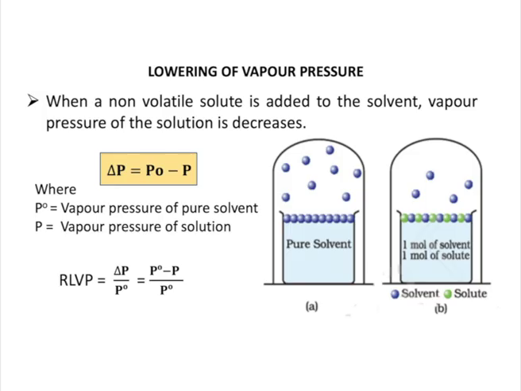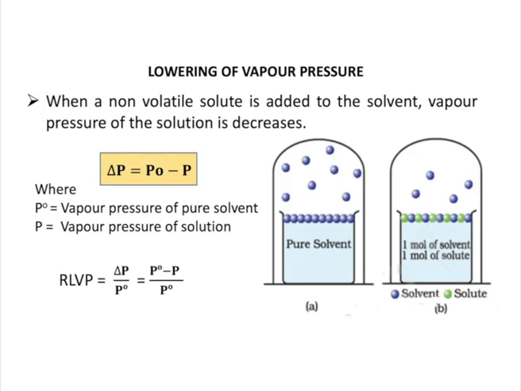Now we have to define the term RLVP, which is nothing but relative lowering of vapor pressure. The relative lowering of vapor pressure is directly proportional to the mole fraction of the solute.